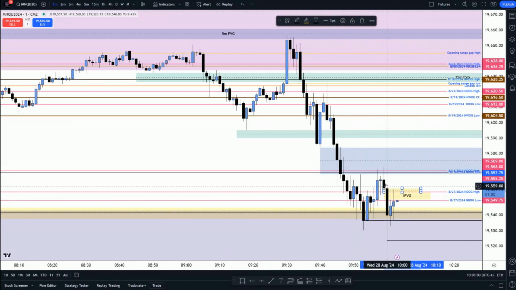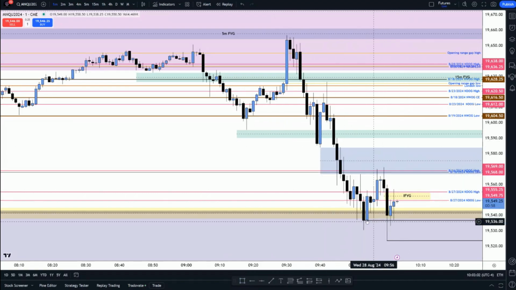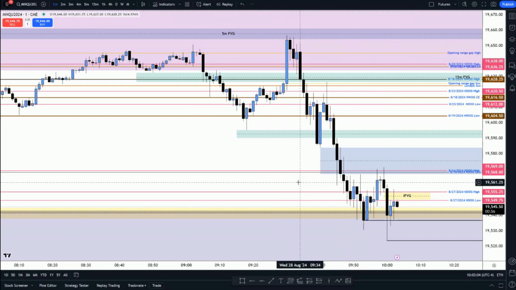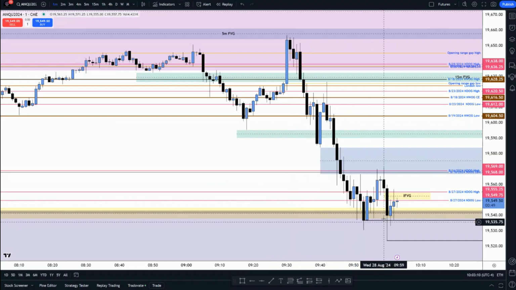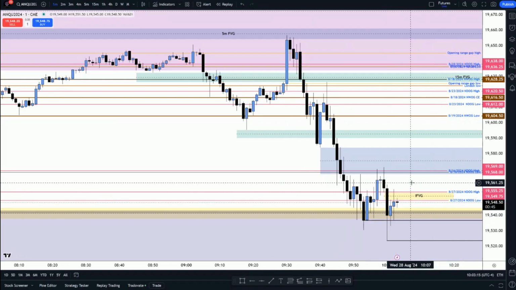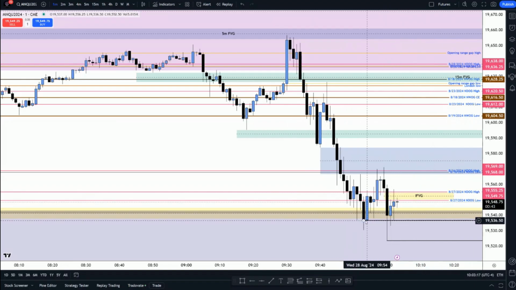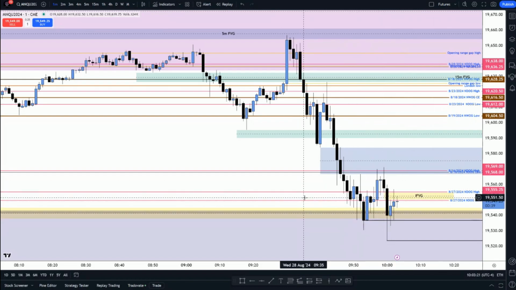It may go down. I need it to close up and through. So this is a crucial area. If it can close above this gap, or if it closes below this body, that'll be telling us which way it's going to go.